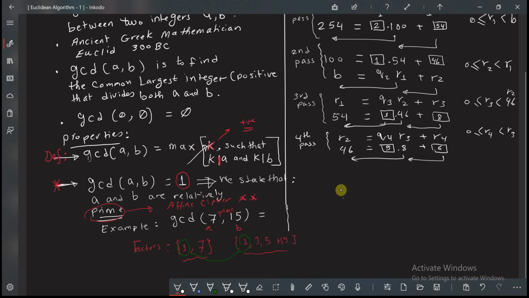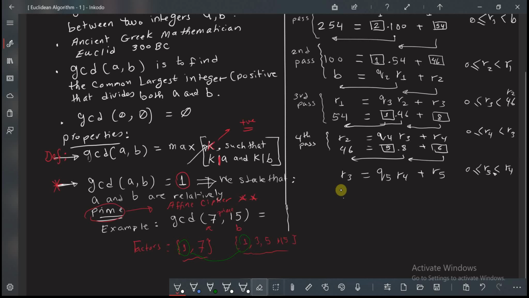Okay, so I'm continuing now to the fifth pass. So again I need to put here R3. R3 will go in place of R2, and R4 will come here. This is Q5 plus R5. Of course, the condition is R5 greater or equal to 0 and less than R4.